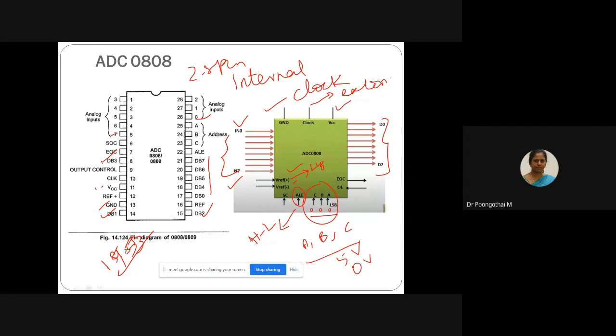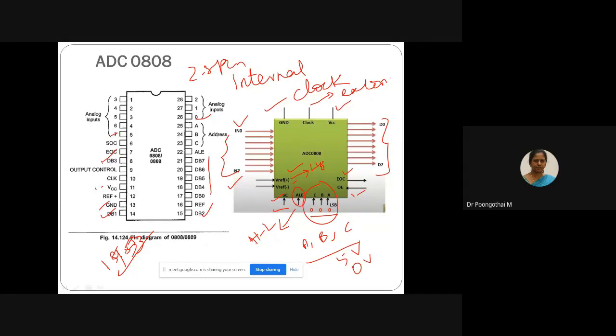Next, regarding the control signals, we have three important ones: start conversion, end of conversion, and output enable. Start conversion is used to tell the ADC to start the conversion process. When the ADC receives a high to low pulse on this pin, it starts converting the analog voltage on the selected pin to its 8-bit digital equivalent.